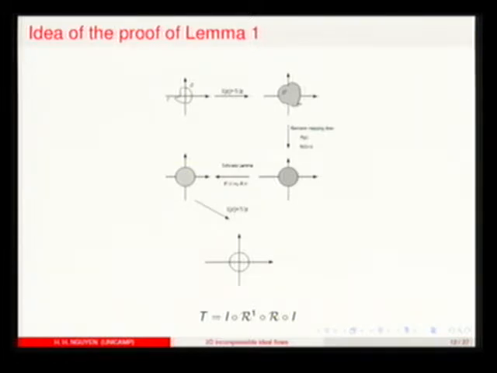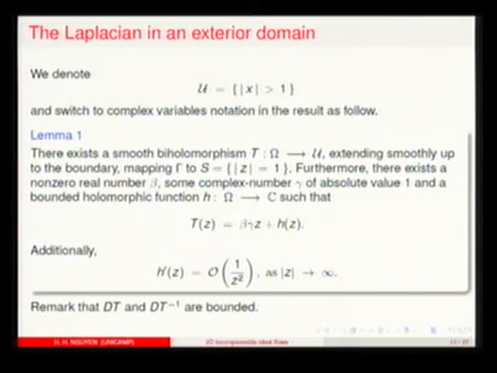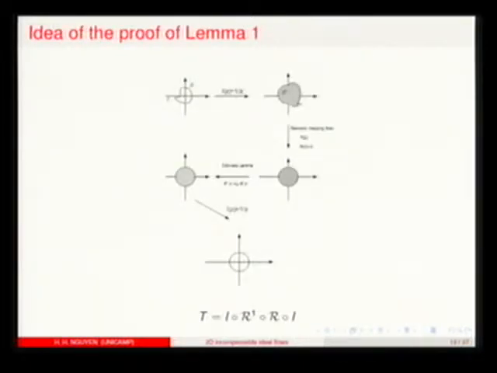After, we will use the squash lemma to go from this to this, and from this we use again this function, and we pass to the exterior of the disk. But if I don't put the gamma here, we don't need to do this step.